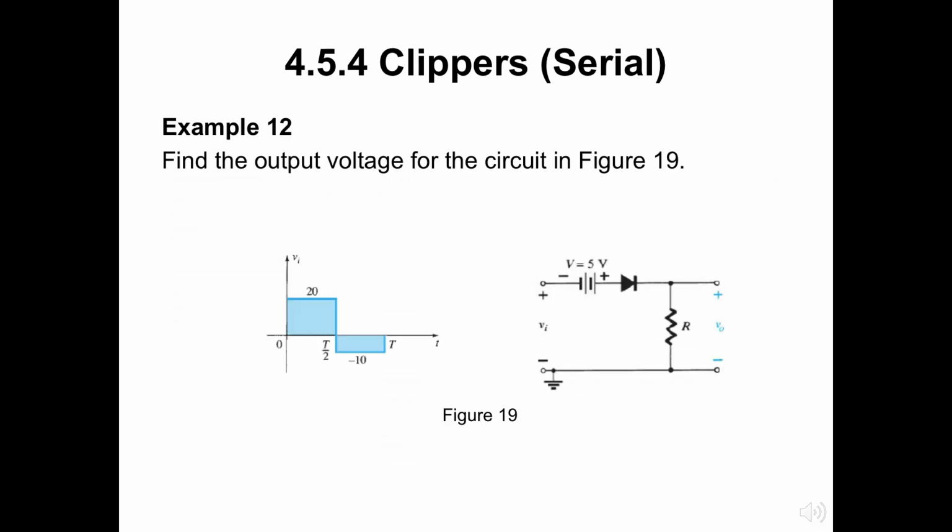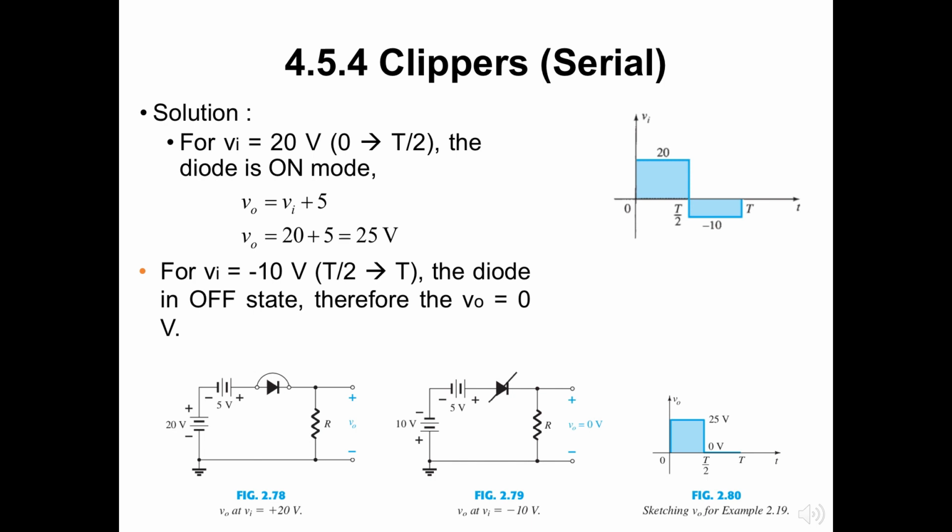Example 12. Find the output voltage for the circuit in figure 19. For Vi equals 20 volts, t from 0 to T/2, the network of Fig 2.78 results. The diode is in the short circuit state, and VO equals 20 volts plus 5 volts equals 25 volts.